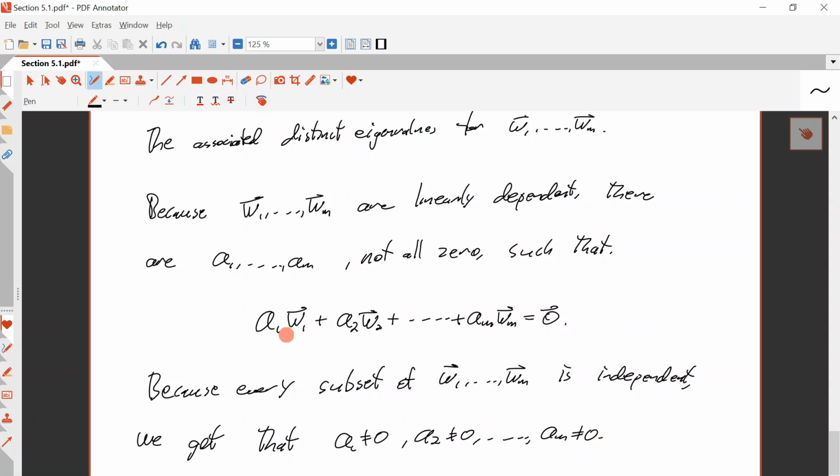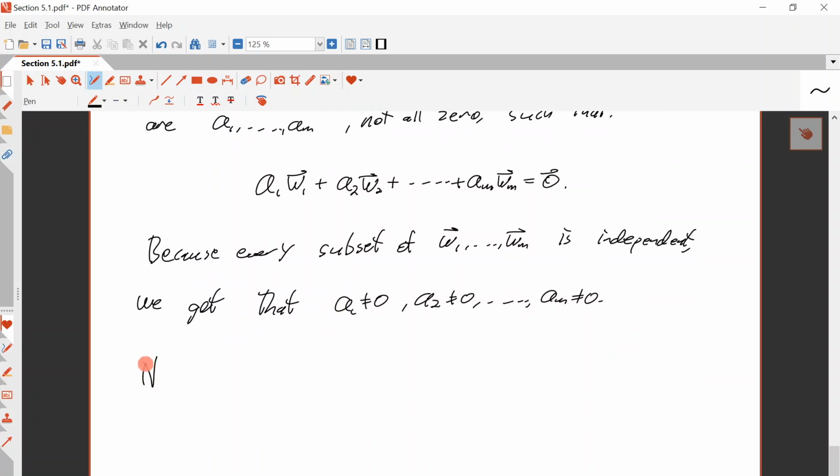So not that A1 to AM are not all 0, or some are non-zero, some are 0. No, they're all non-zero. That's what that minimality buys you. This minimal dependent subset, that's what it buys you, is that every coefficient in the linear combination equal to 0 is non-zero. Okay, great.